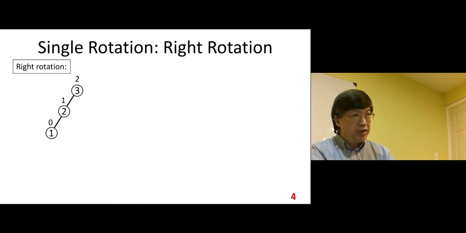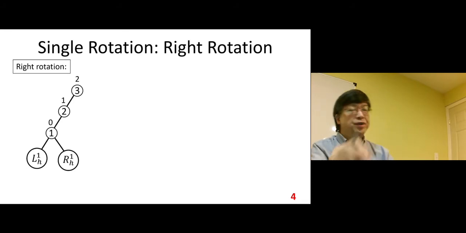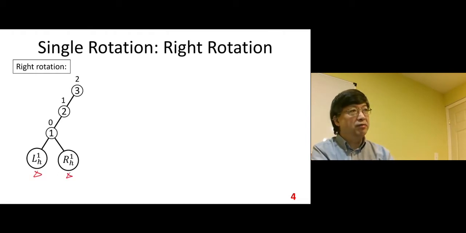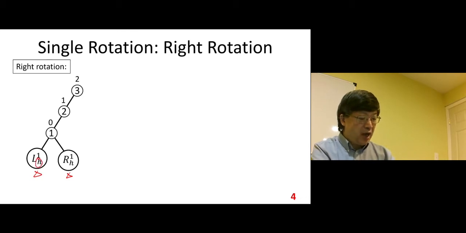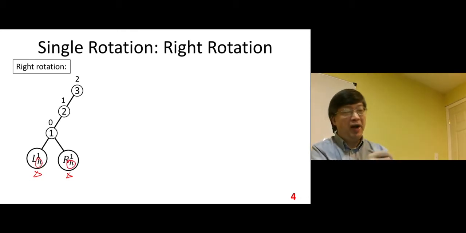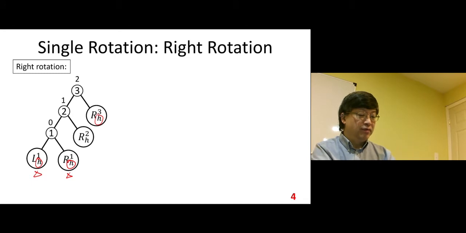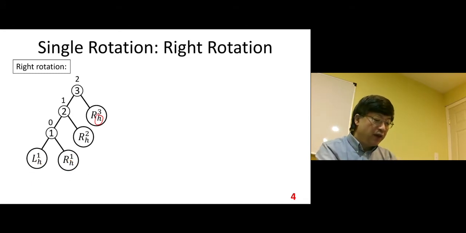So I add subtrees to these 3 nodes: node 1 has a left subtree and a right subtree, with height H each. Node 2's right subtree also has height H, and node 3's right subtree has the same height H. Then you can see the balance factors will match 0, 1, 2.